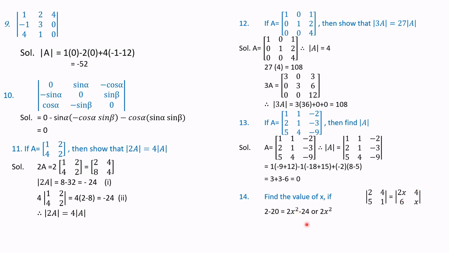Simplifying, we get 2x square minus 24. Then when we take it across, 24 minus 18 is 6. 2x square is equal to 6, so x is plus or minus root 3.